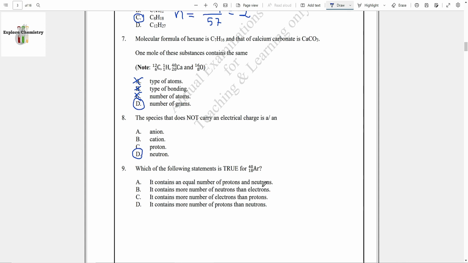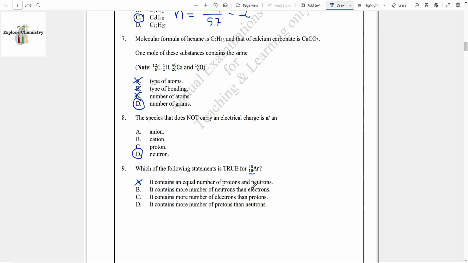It contains an equal number of protons and neutrons. This is wrong, because if you find the number of neutrons, you will get 40 minus 18, 22. It contains more number of neutrons than electrons. This is correct, because this is the atomic number. Atomic number represents protons and electrons in any atom.